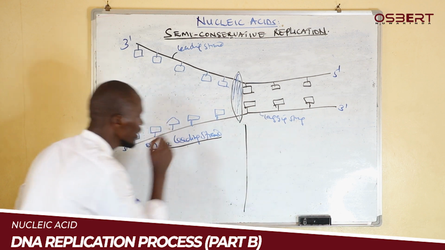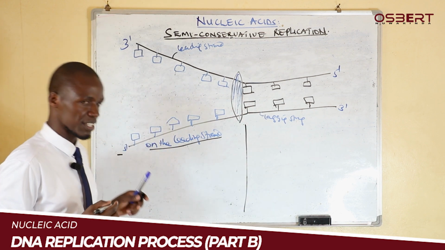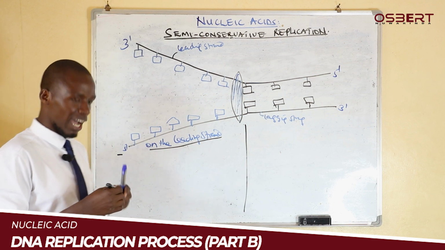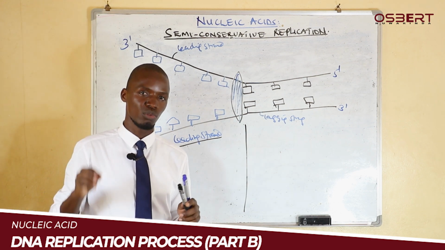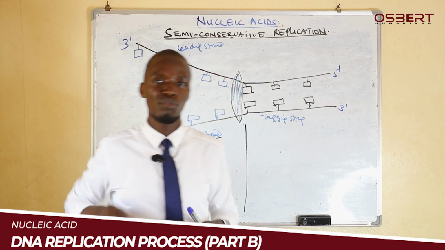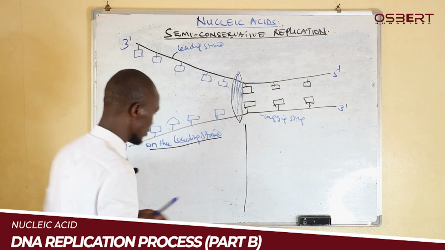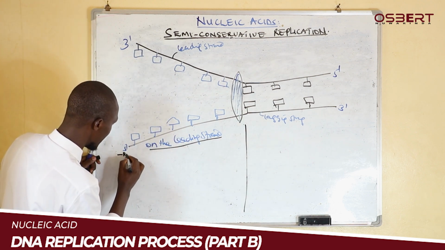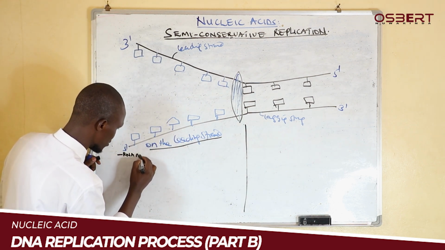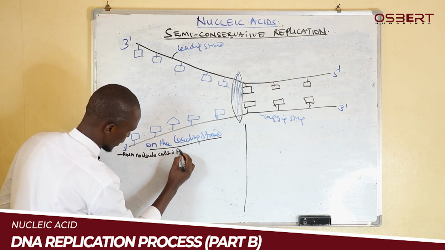Now, on the leading strand, what happens? On this leading strand, what happens is this, that an RNA molecule, this RNA molecule, we are calling it a primer. An RNA molecule called what? Called a primer.